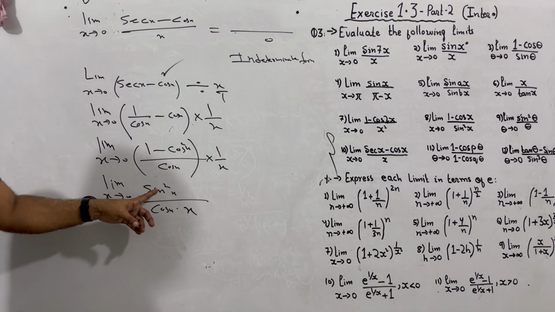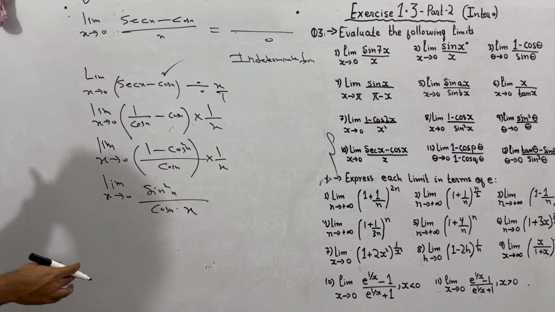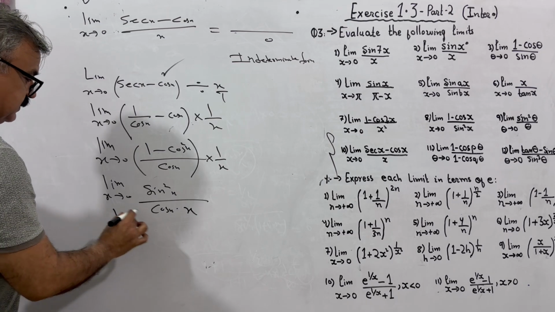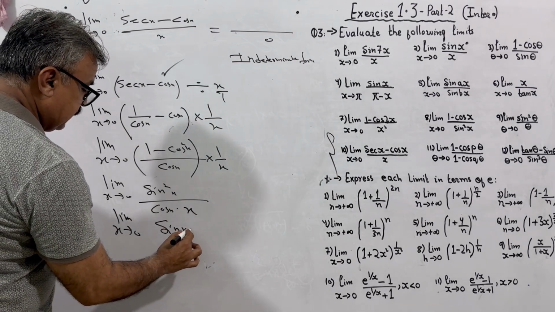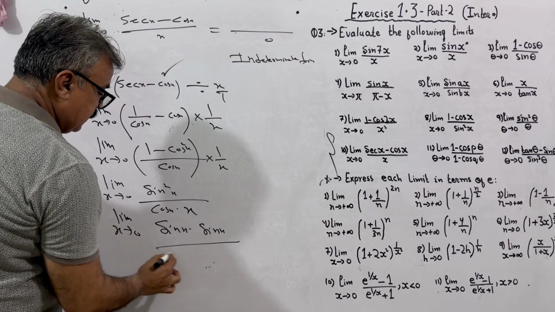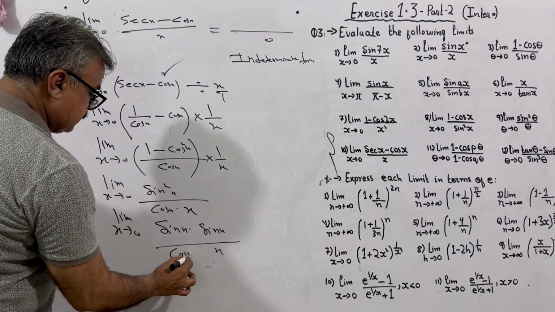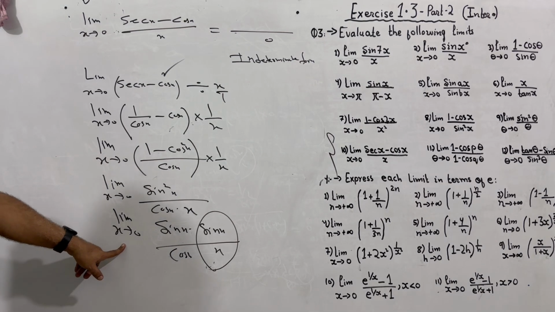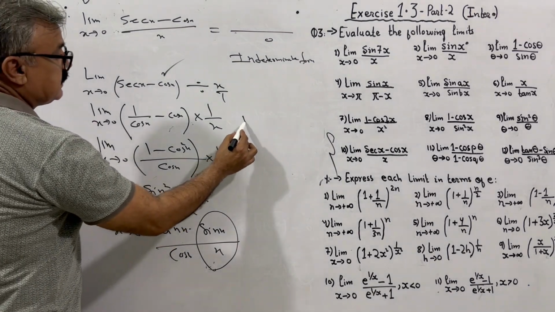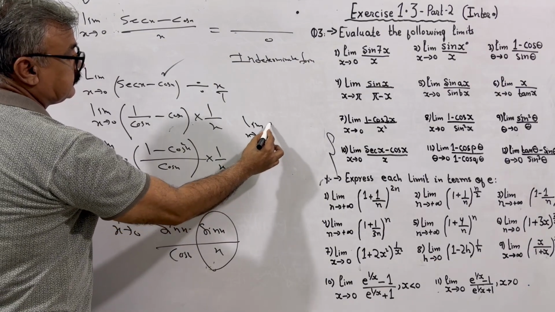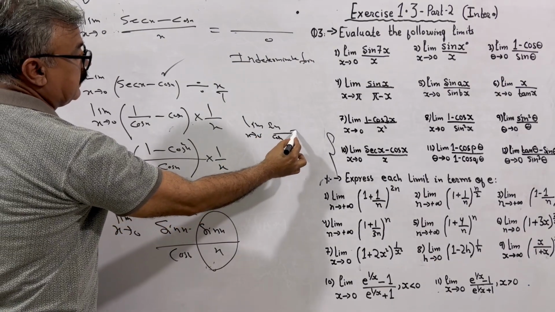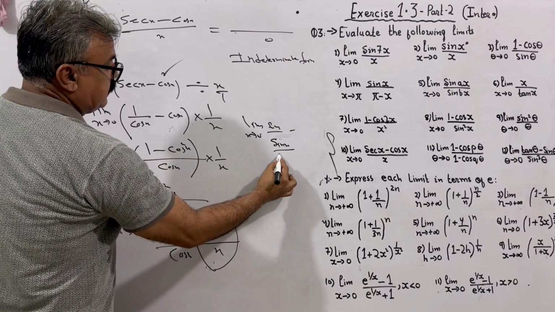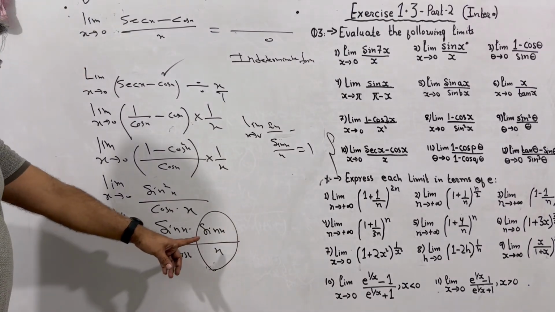Here again, sine over x can be separated, it's equal to 1, and there is no more 0 in the denominator. Limit x tends to 0, I have sine x times sine x over x and cos x. Here, sine x over x, by virtue of the same formula, limit x tends to 0 of sine x upon x is equal to 1.